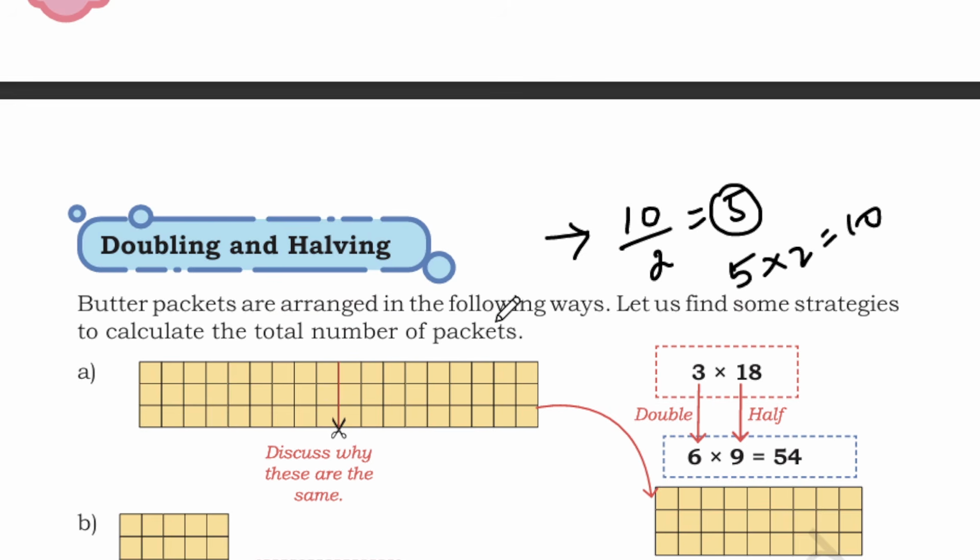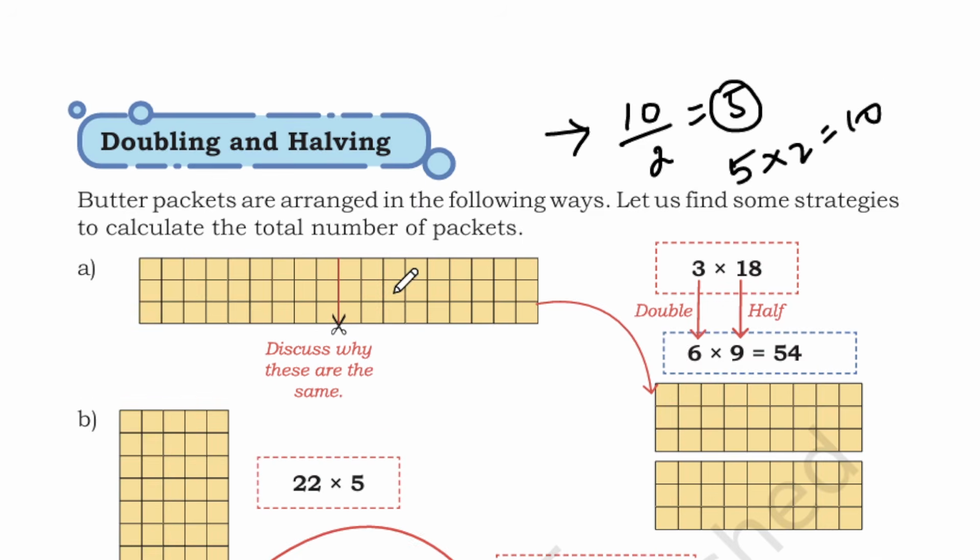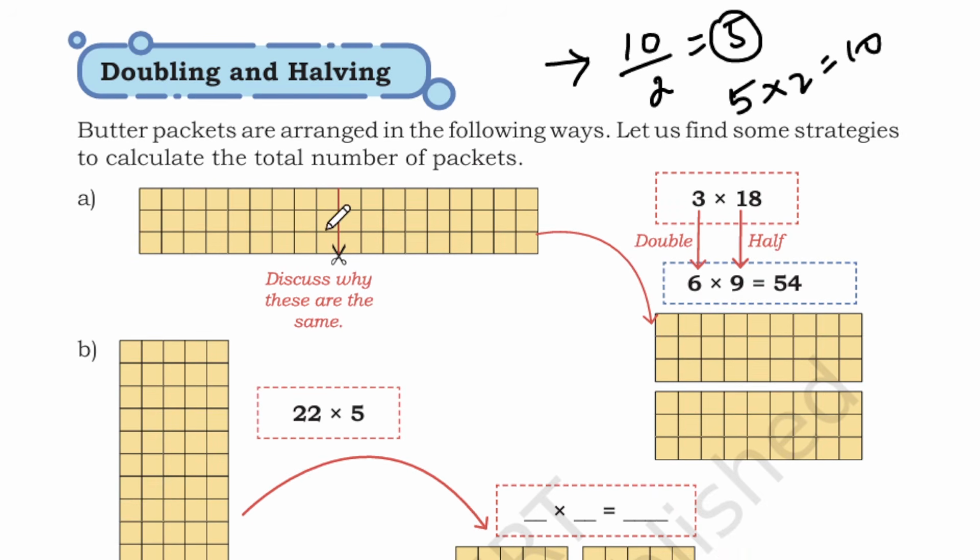Butter packets are arranged in the following way. Let us find some strategy to calculate the total number of packets. Here the butter packets are arranged. Discuss why these are the same. How many rows and how many columns do we have? We have 3 rows, 1, 2, 3.